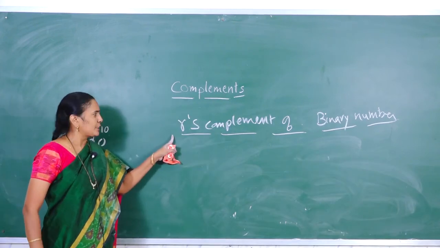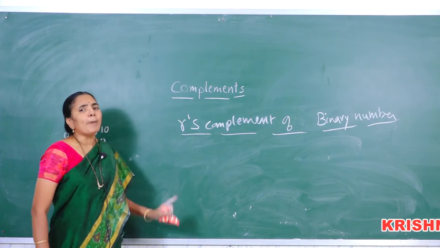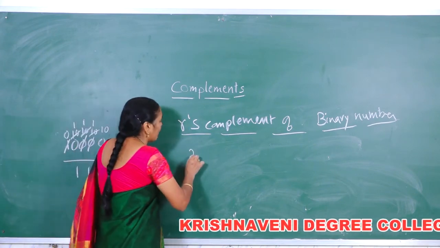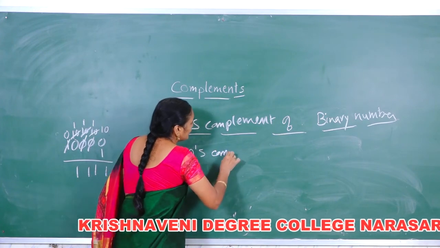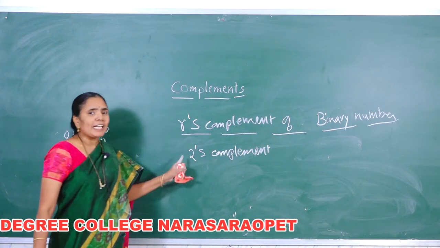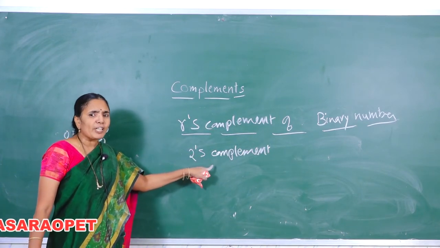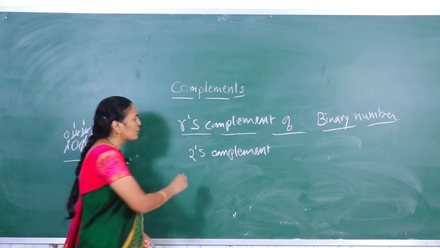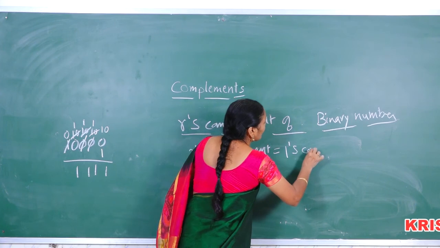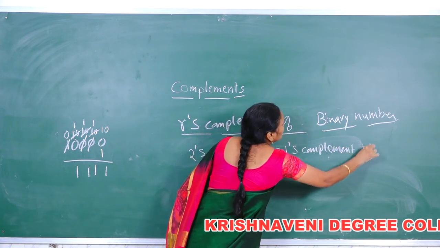Now let us discuss how to find the 2's complement of the binary number, that is nothing but the r's complement of the binary number. As we have seen, the 10's complement of a given number is obtained as the 9's complement of that number plus 1. Likewise, the 2's complement of the given number is obtained as the 1's complement of that number plus 1.